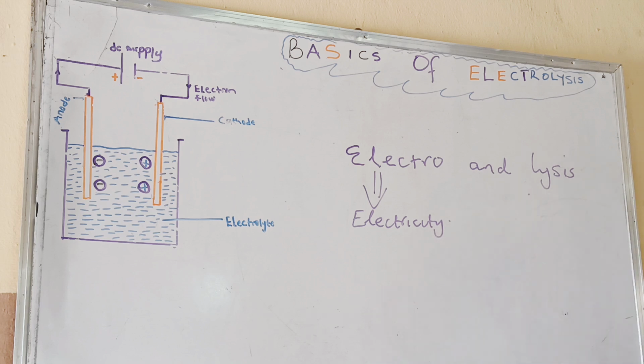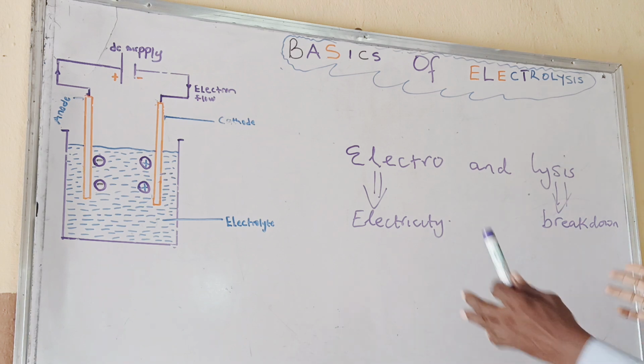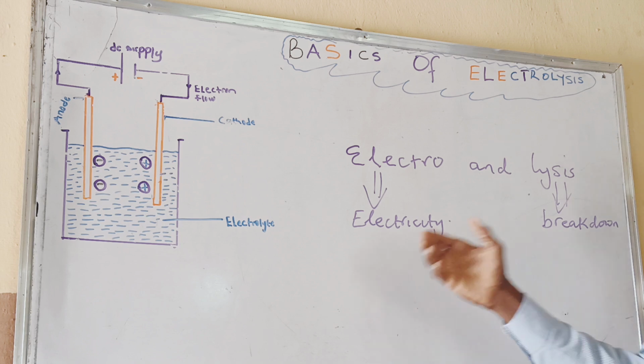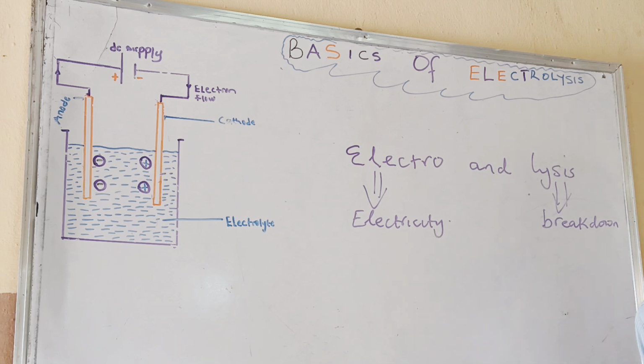Yes, electro means electricity, and lysis is the Latin word for breakdown. So, essentially speaking, if we join these two components together, electrolysis basically means the breakdown of certain substances by passing electric current through them.